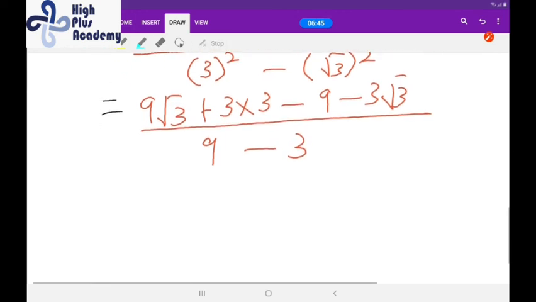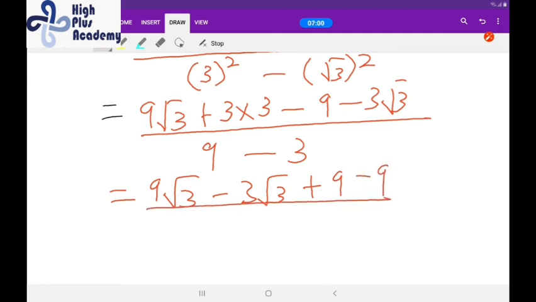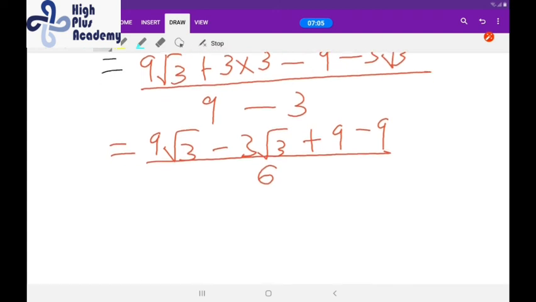So let's collect like terms. We have 9 root 3 minus 3 root 3. Math is easy if you practice well and pay attention to what you are doing without any distraction. So 9 root 3 minus 3 root 3 is 6 root 3. 9 minus 9 gives us 0. So we are left with 6 root 3 over 6, so that 6 cancels 6, and the whole answer is root 3.